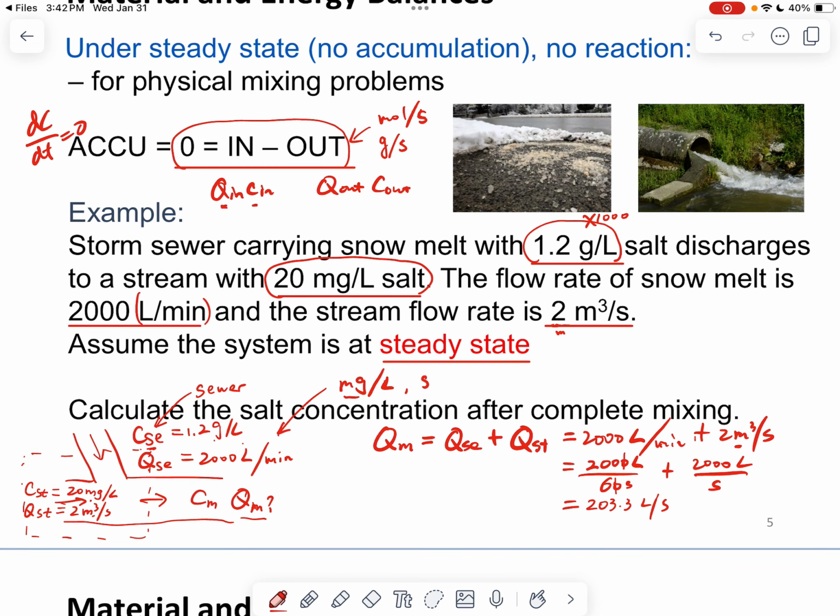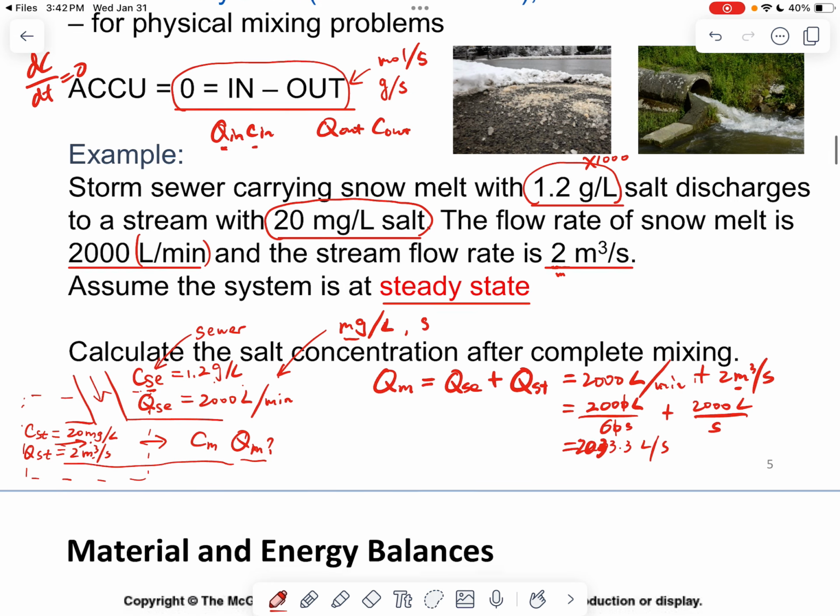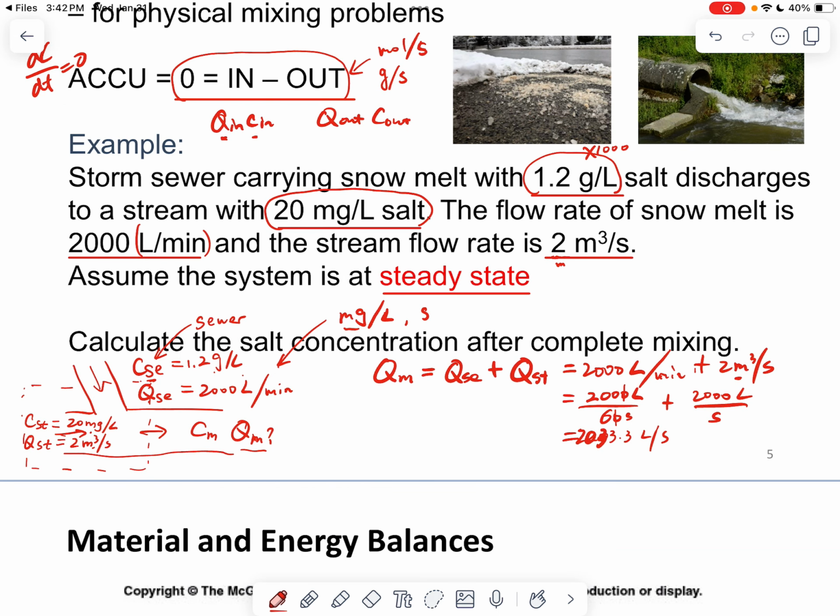Let me just quickly confirm the total flow rate. So 2,000 divided by 60. Okay, so this is the total flow rate.